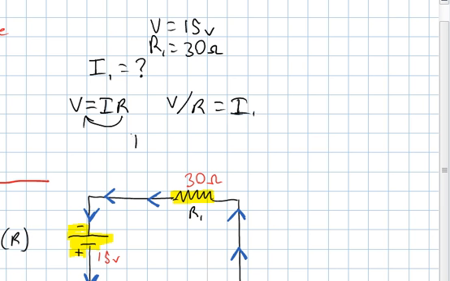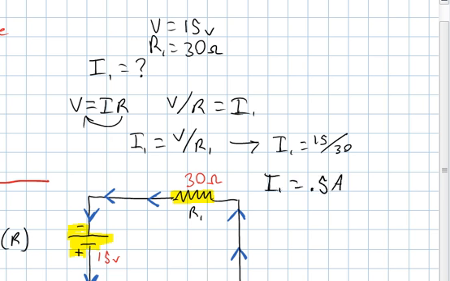So we have I1 is equal to our V over our R1, which gives us I1 is equal to 15 over 30, and 15 over 30 is just 1/2. So our amperage is actually 0.5 amps, which is very high.